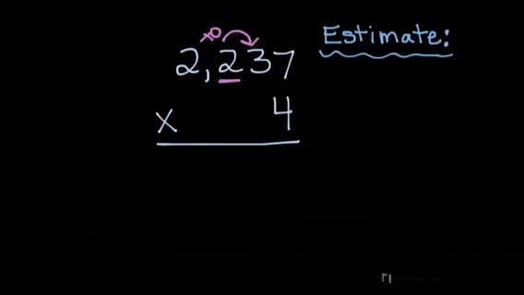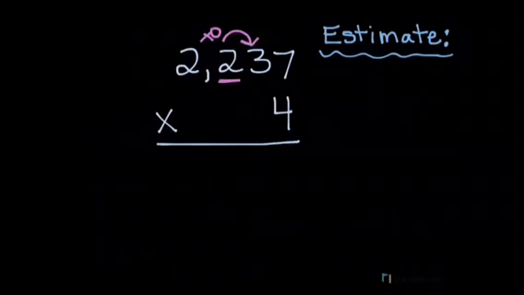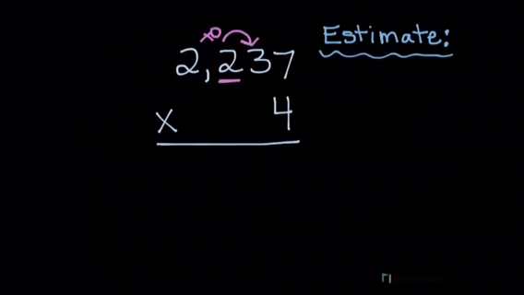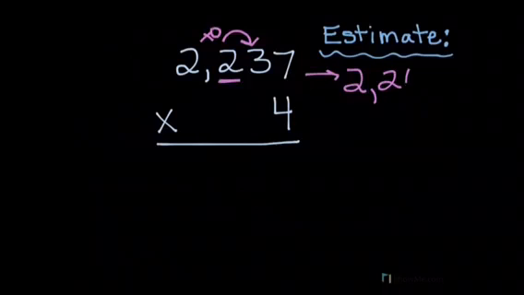I can also think of it as, is 237 closer to 200 or closer to 300? In this case, it's closer to 200. So 2,237 will round to 2,200.